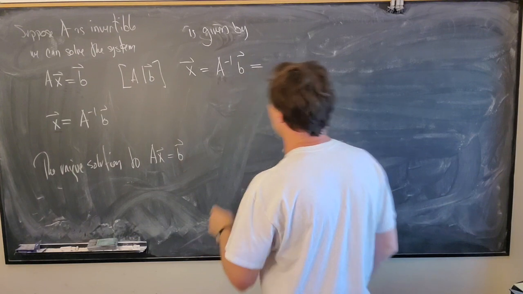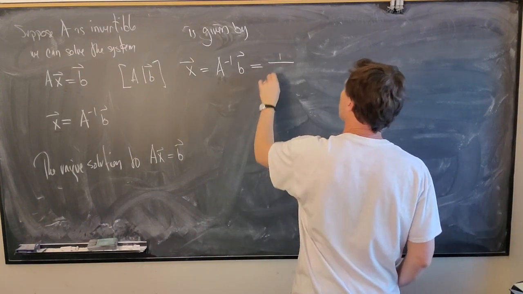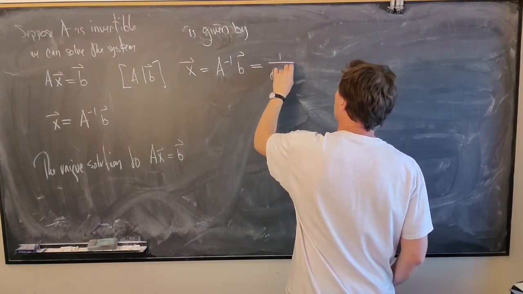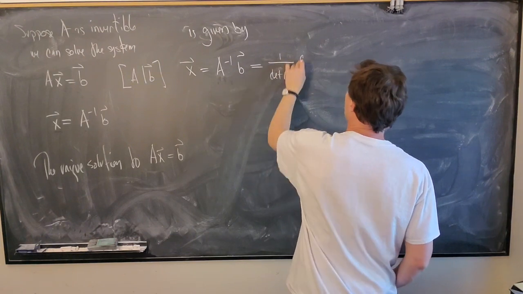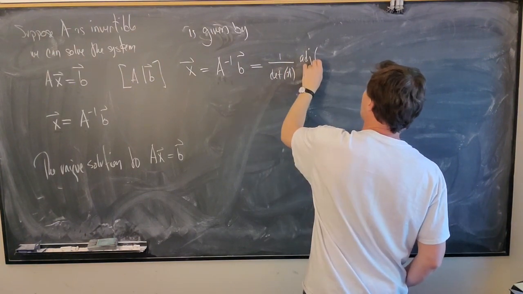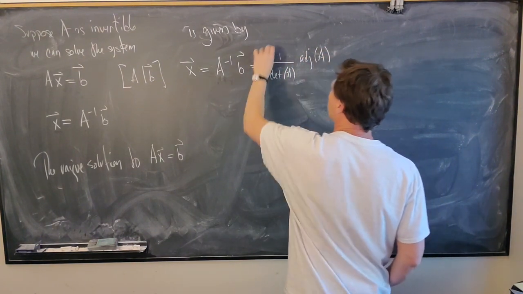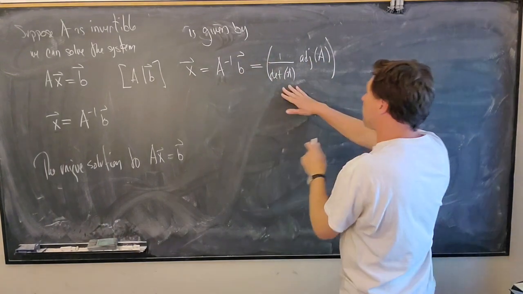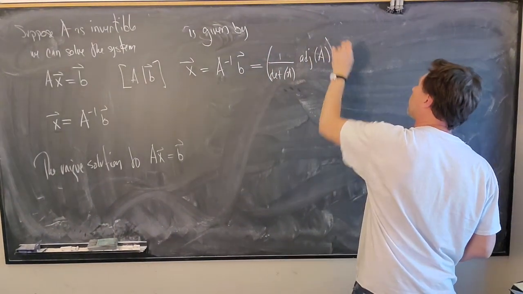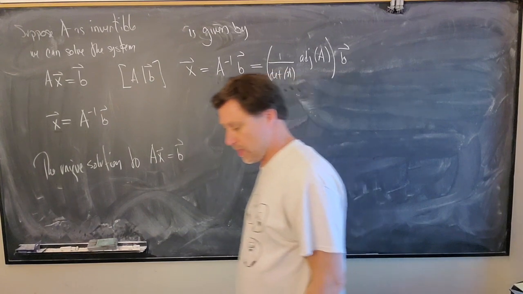So this is 1 over the determinant of A times the adjoint of A. So here's a matrix, and then we multiply that by our column vector B.